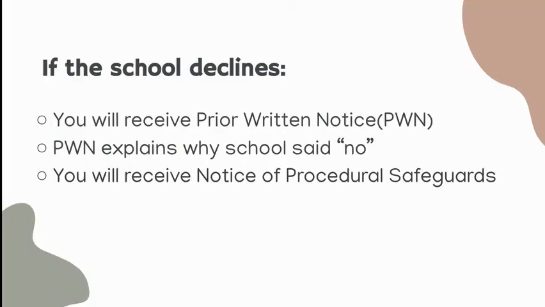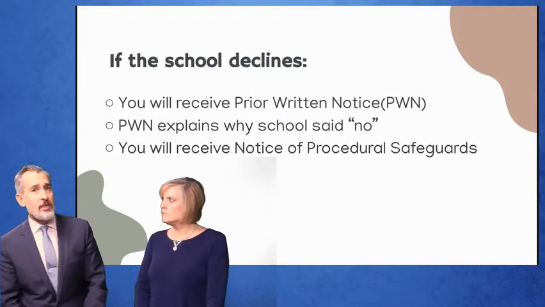And they explain that in a document that's called a prior written notice. And again, much like many of these terms under the IDEA, prior written notice is referred to by its acronym, PWN. And so you'll receive a document that explains the district's decision not to evaluate the child for special education services. And the school district will provide another document.